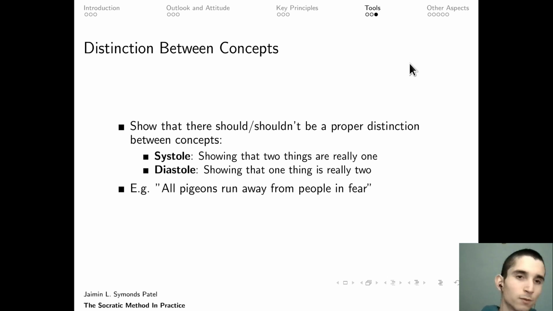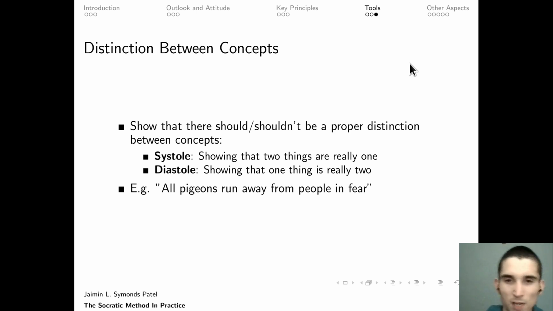So you've essentially given another principle or proposition to me, and in a way that's kind of like the elenchus that we just touched on. But here there's the added layer of the diastole, because we can then agree, rightfully so, that there are some pigeons that are like city pigeons, fearless, strong pigeons.